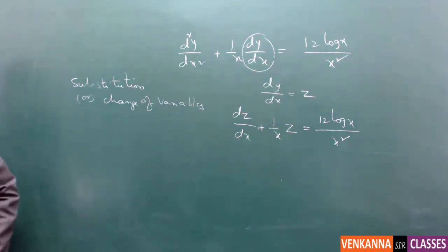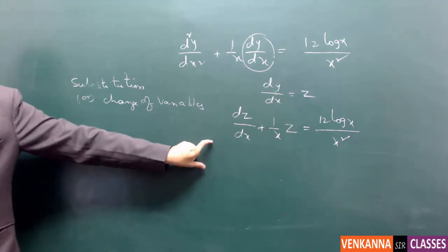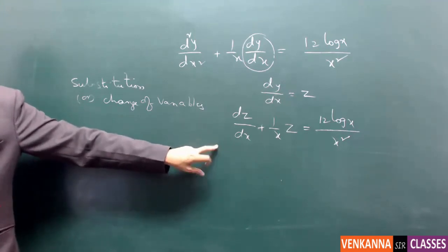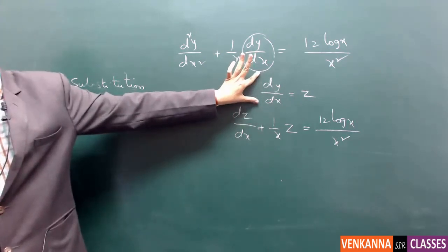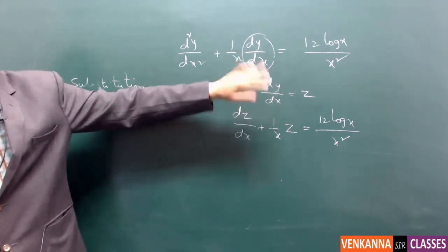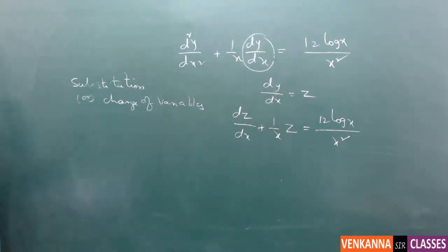Fine. Now what happens, once the solution is obtained, then in place of z, you need to put dy by dx. Again, you have to integrate. That was the typical thing here.